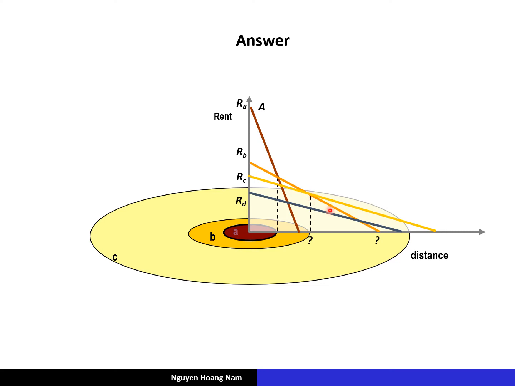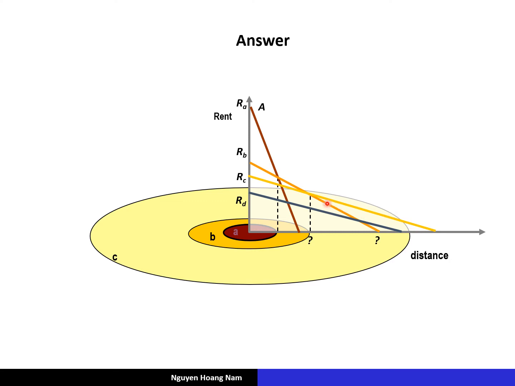And instead of switching from B to D, earlier we already switched from B to C. So from here to here, you can see that the location rent is always the highest compared to the other location rents down here. So we always choose to plant crop C until we reach the boundary of the farming area, which in this exercise is 38 kilometers.